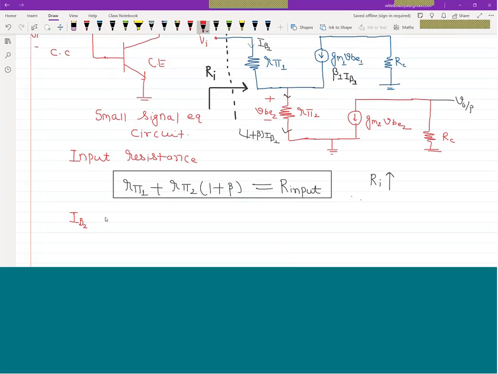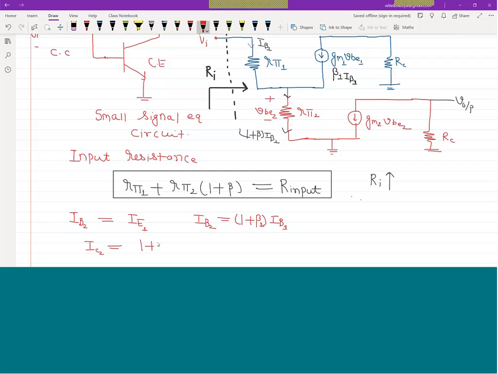IB2 is equivalent to IE1, or what I can say, IB2 is equivalent to 1 plus beta times IB1, or we also write it as beta 1 if you want to differentiate beta 1 and beta 2. And IC2 is approximately, let's say, IE2.